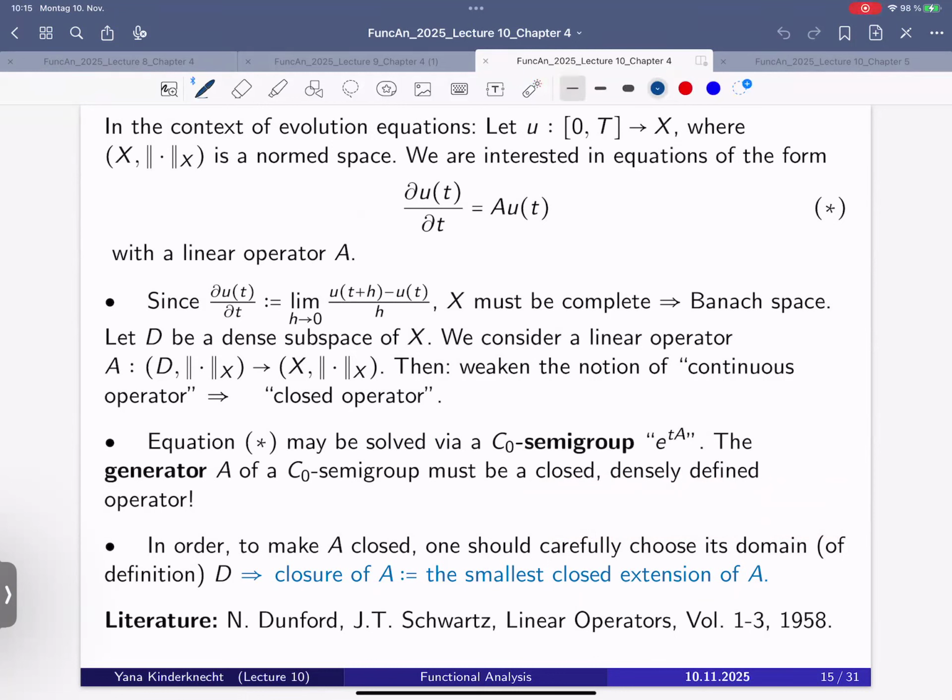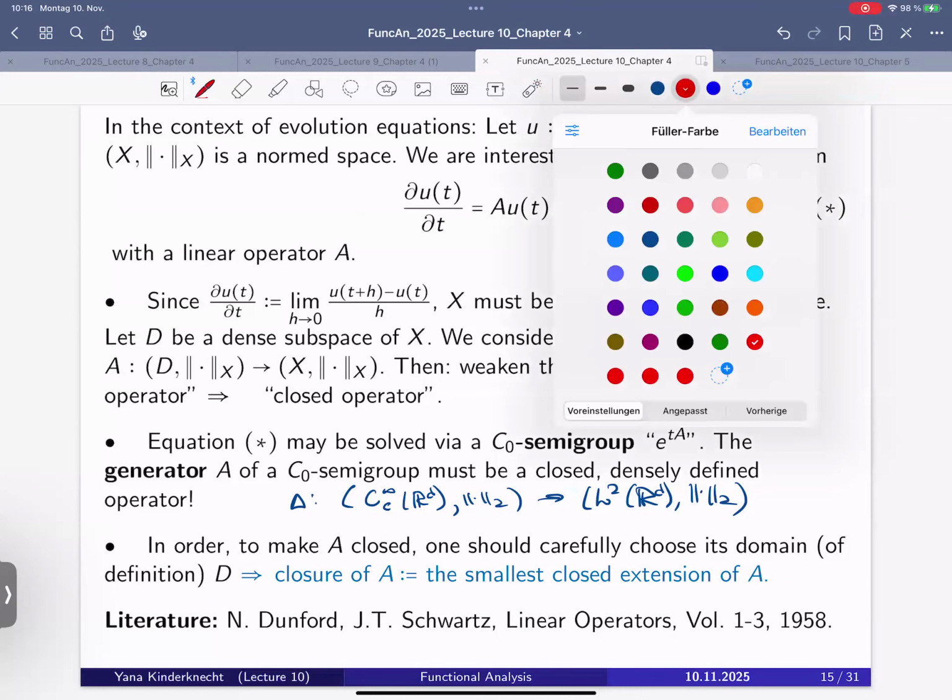So for example, if we take the Laplacian defined, for example, on C infinity with compact support in R^d, to L2, with the L2 norm. This operator is not closed, but it is closable, and its closure will be exactly what I have presented before.